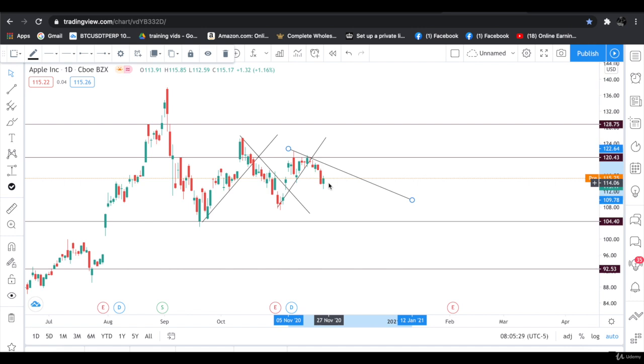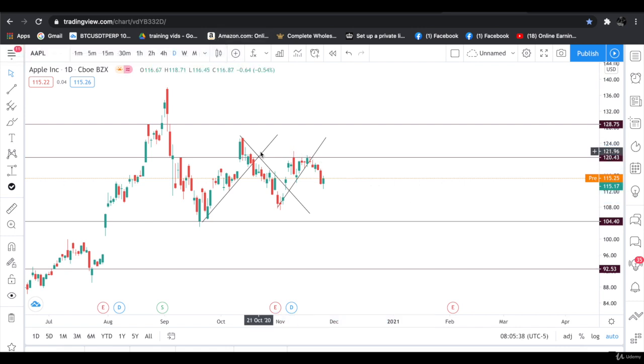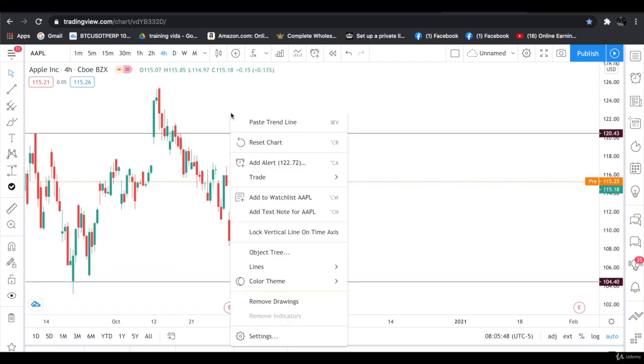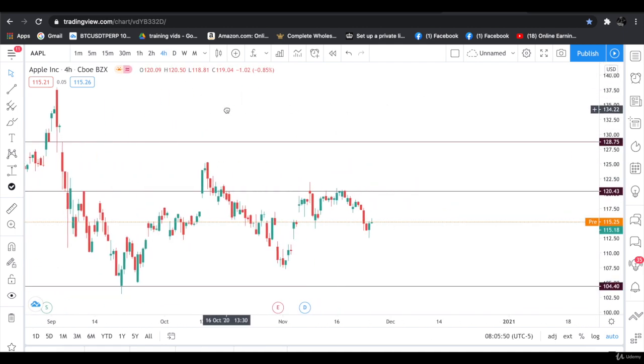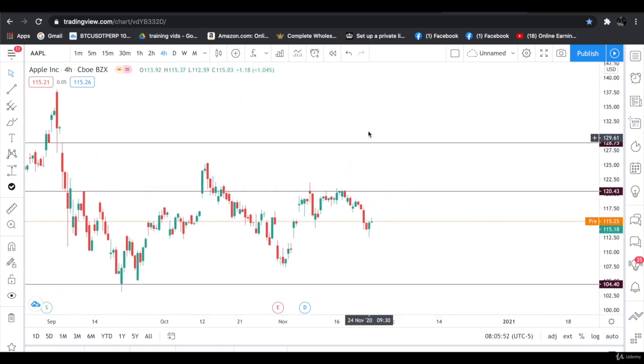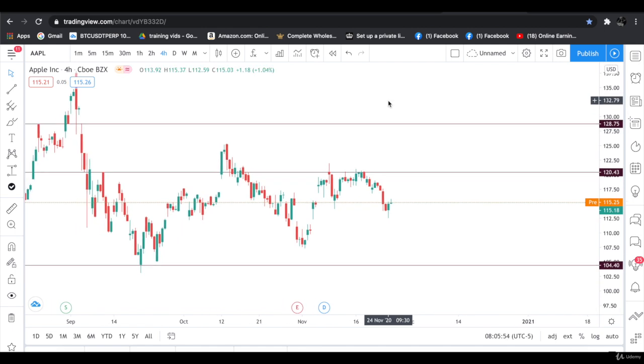Now let's go to the 4-hour chart and apply some indicators and a chart pattern. Let's remove this. Now this is the 4-hour chart. I can see clearly we are having a symmetrical triangle over here. Now focus on this. Let's take the trend line and draw the symmetrical triangle.